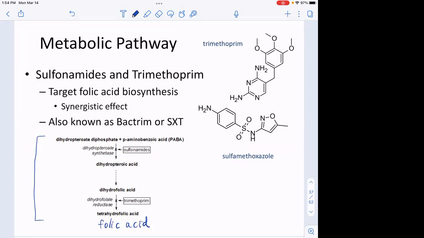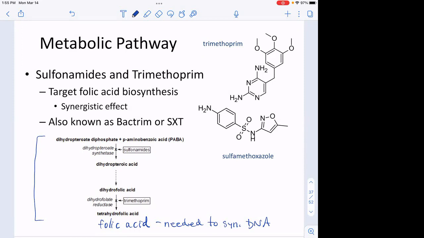Folic acid is necessary not only for us, but for bacteria, to make DNA. It's actually a coenzyme that's necessary for some of the enzymes that synthesize DNA.